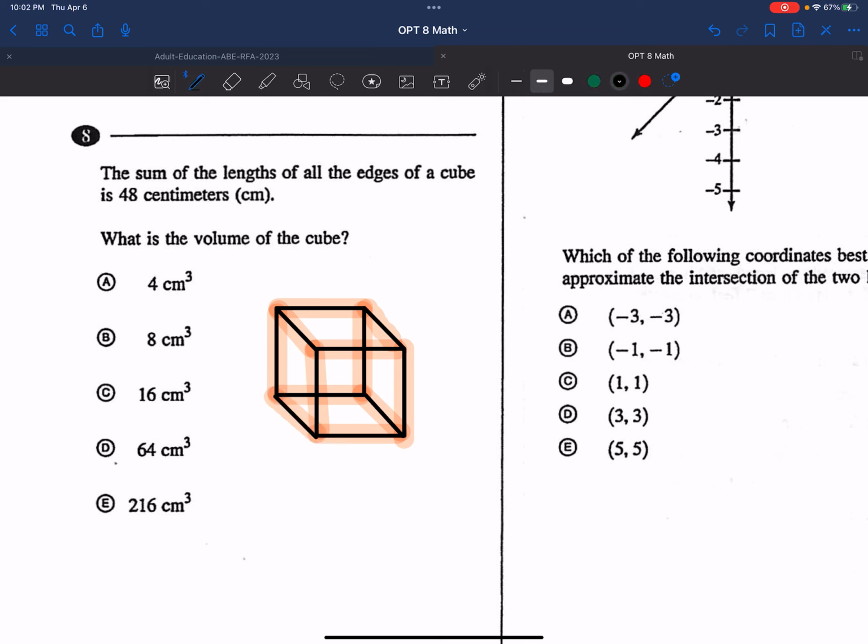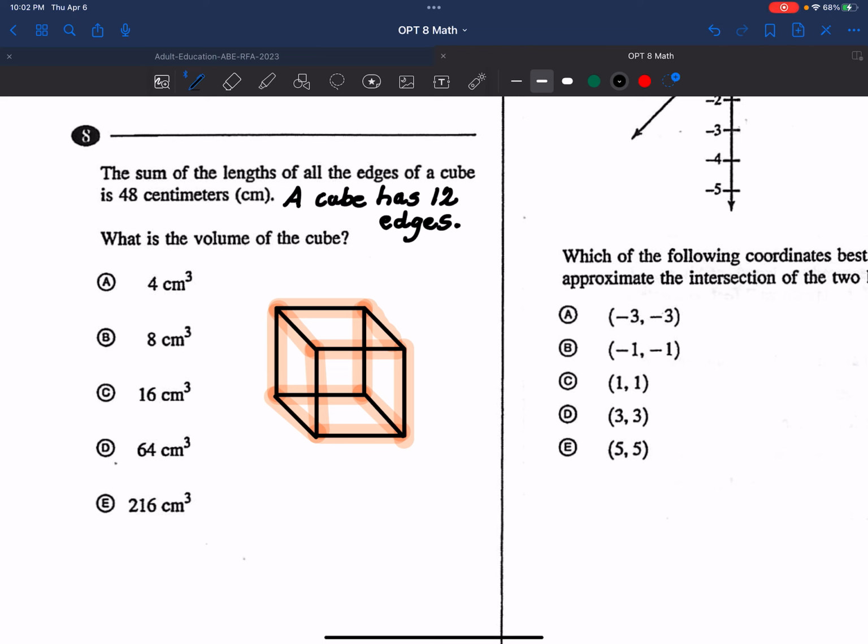So by drawing that model, we know that a math fact is that a cube has 12 edges. And if you forget that, just sketch yourself a cube and count your edges.